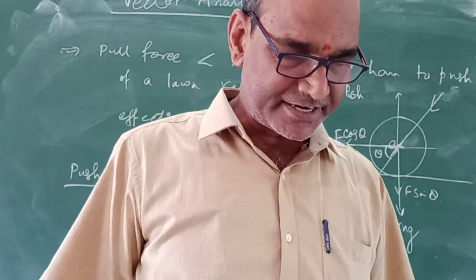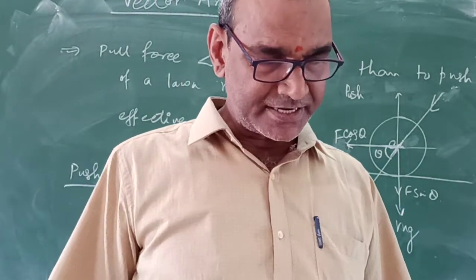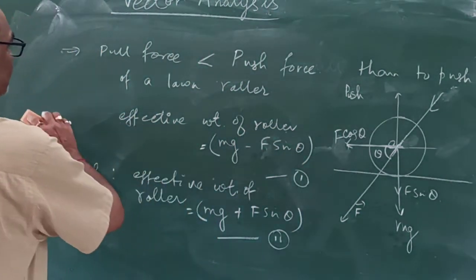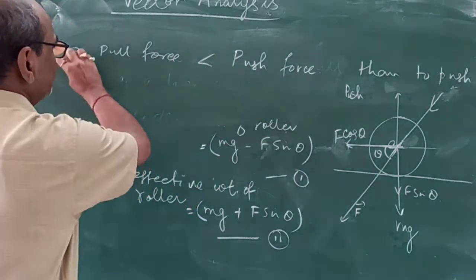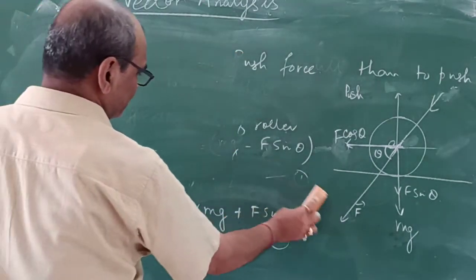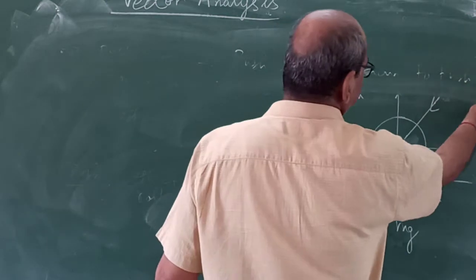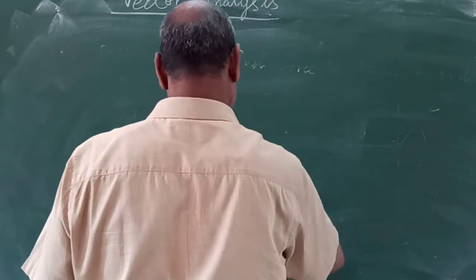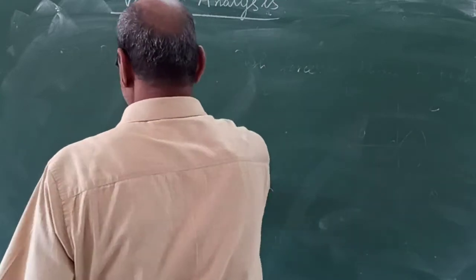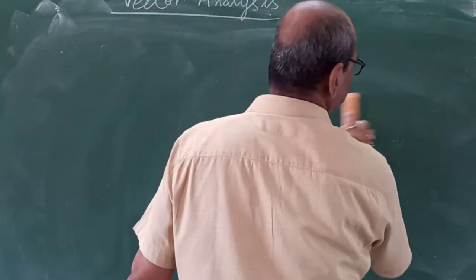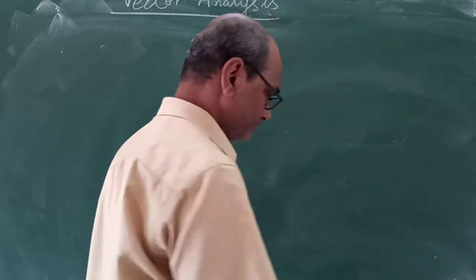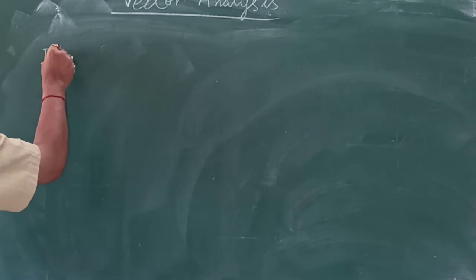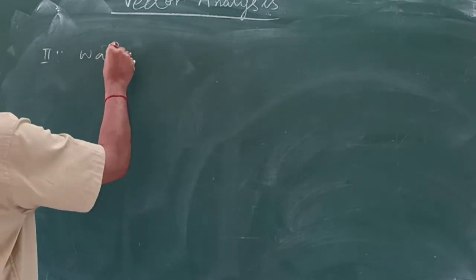Second one, walking of a man. Walking of a man is an example of resolution of a vector. Second example, walking of a man.